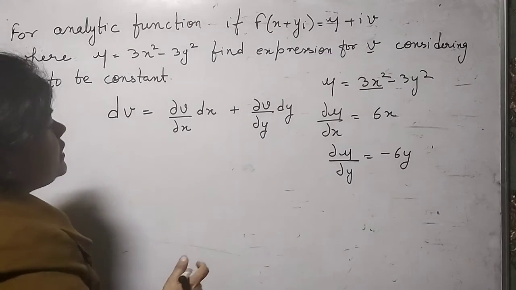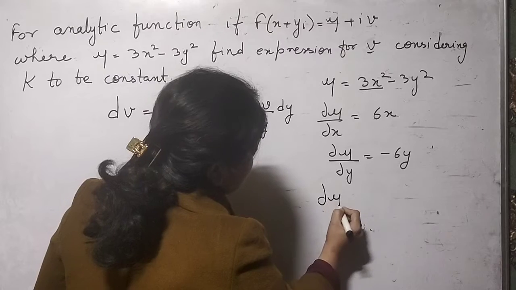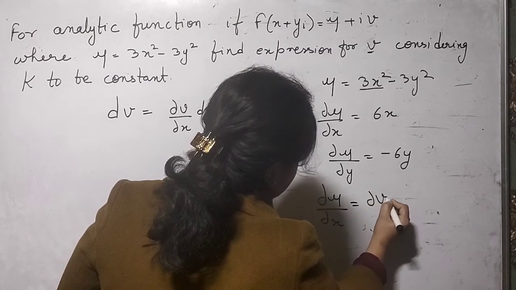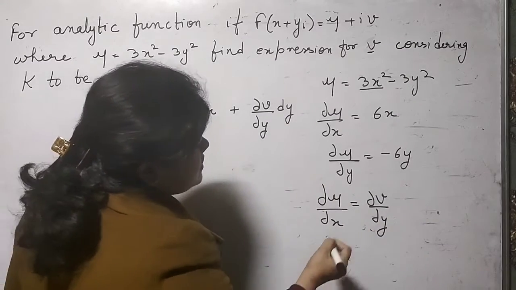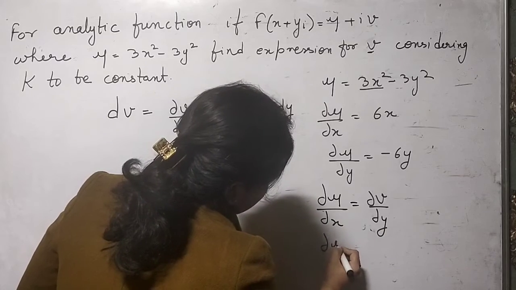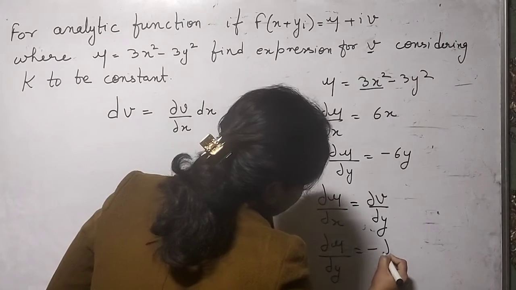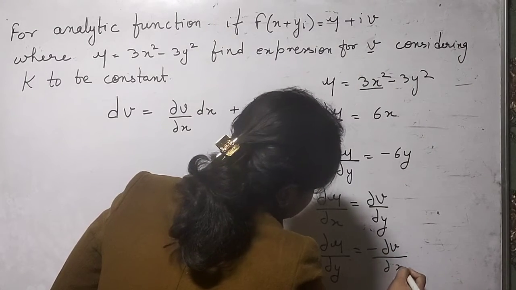So from the Cauchy-Riemann equation, we have du over dx is equal to dv over dy. Similarly, du over dy is equal to minus of dv over delta x.